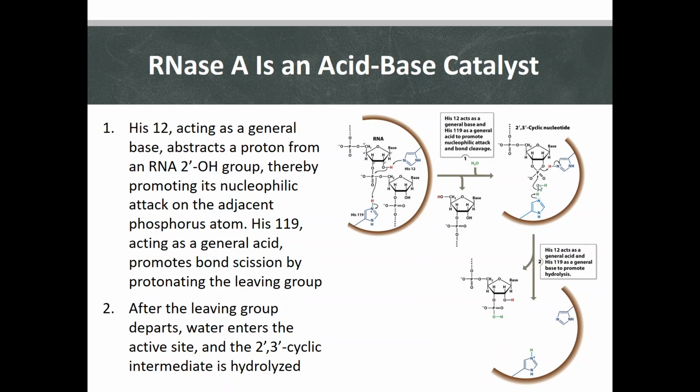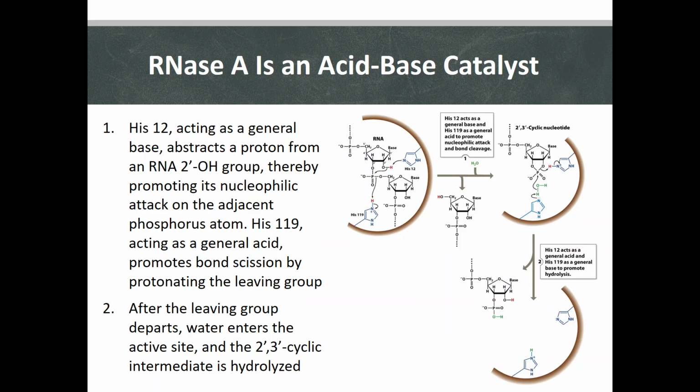That hydroxide can then undergo nucleophilic attack on the cyclic intermediate, and in opening up that cyclic intermediate, the 2' hydroxyl group, or at this stage 2' oxygen, is going to reach over, grab a proton from His 12, and everything is now reset. You have cleaved the cyclic intermediate, it is free to go, and you have also reset the protonation states of these histidine residues so that you can come around and do the whole thing again.